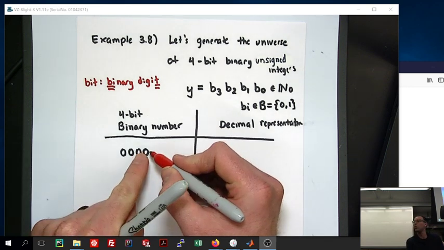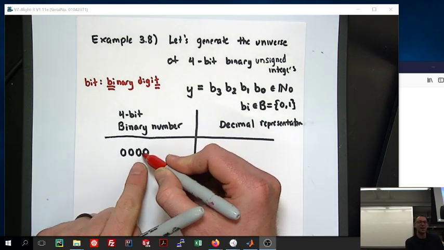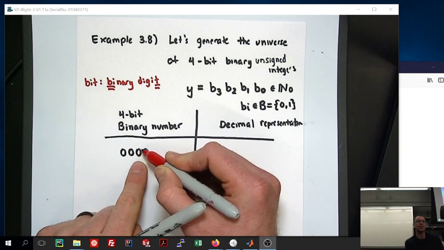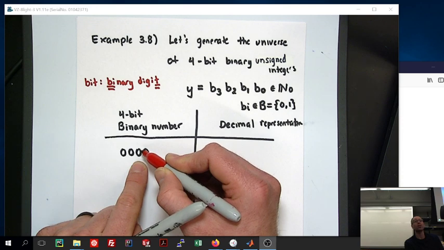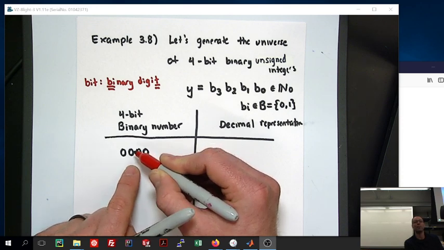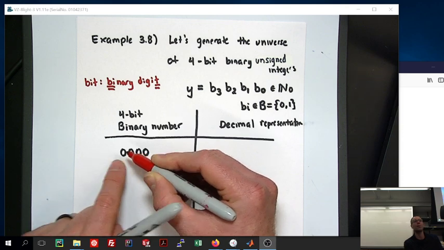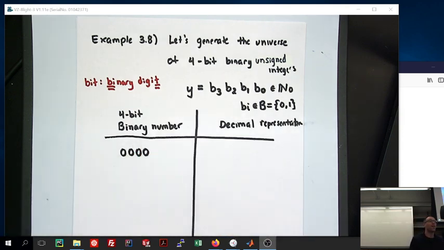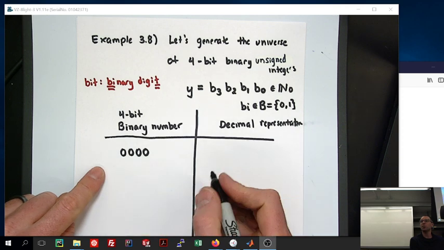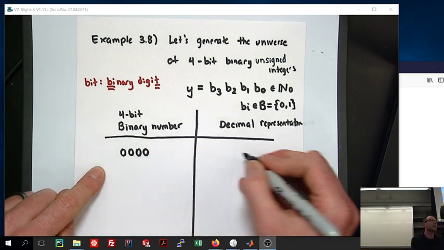So how many 1s do I have? 0. What's the power here? 1. When I have the power 1 on the radix 2, that represents 2. How many 2s do I have? How many 4s do I have? How many 8s do I have? So if I have the string 0000 in binary, what does that represent in decimal?